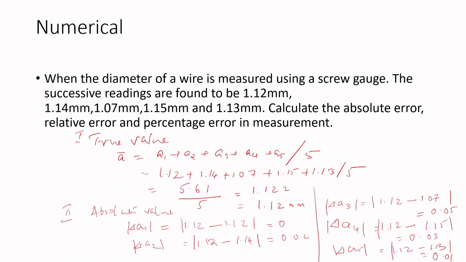we have to add and divide by 5. That is called the mean absolute error. Mean absolute error is the third step of our error calculation. Here we find delta A bar.